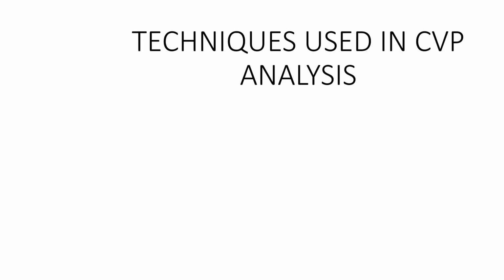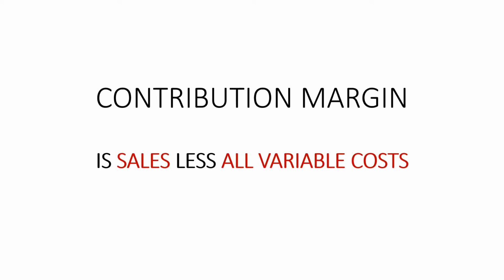So there are a number of techniques that you are going to learn, which we use to analyze our decisions or to make our decisions or to guide our decisions. Number 1, contribution margin.